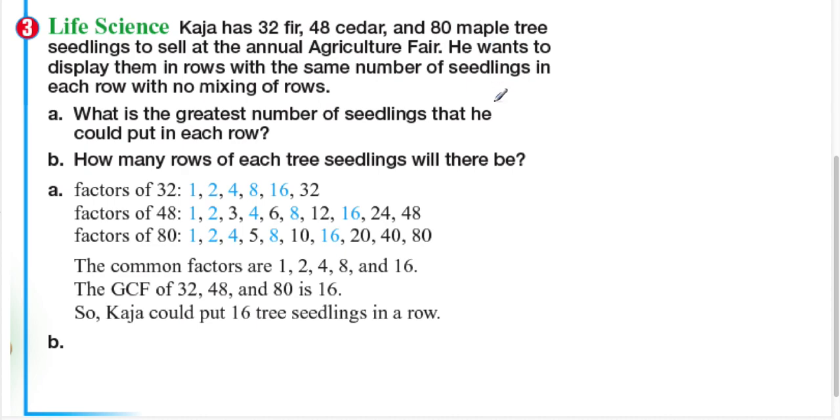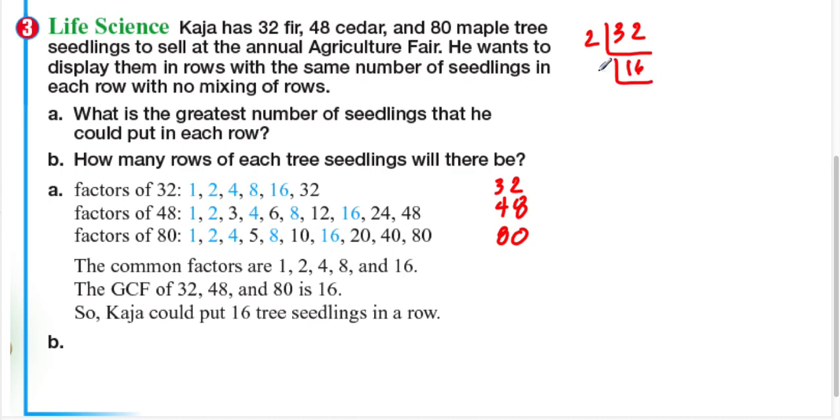Okay, and let's see how to find the common factors of 32, 48, and 80 using prime factorization. I'm just going to use the drop down method for this one. So for 32, the first prime factor that goes into 32 would be 2. 32 divided by 2 is 16.